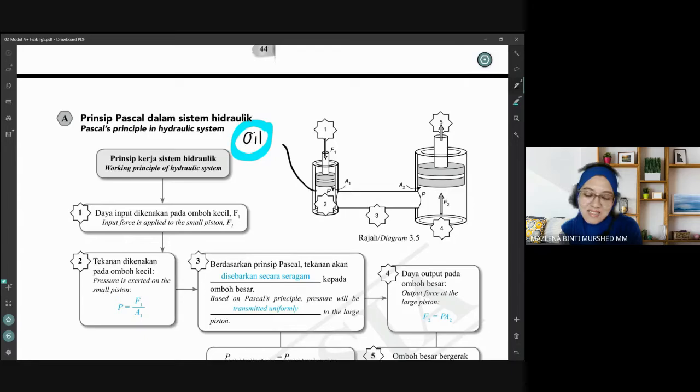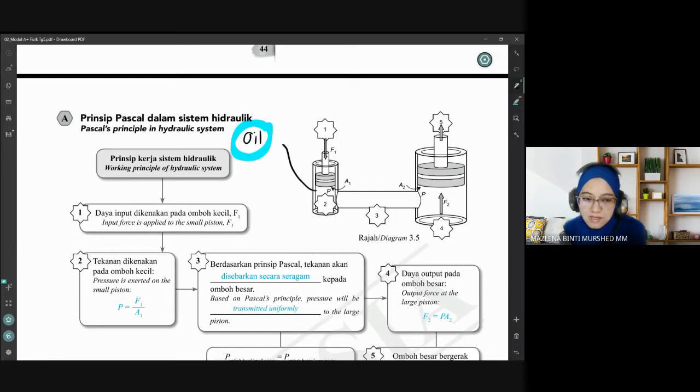Okay, density is a good answer, but the reason is not really related to the application. Actually, the most important factor that we use oil is because oil is incompressible. Anything that incompressible, sukar dimampatkan. So they can carry all the pressure throughout the fluid. Anything yang sukar dimampatkan, macam tu. So oil is a good choice lah untuk hydraulic system.